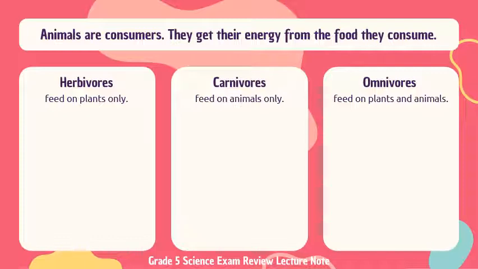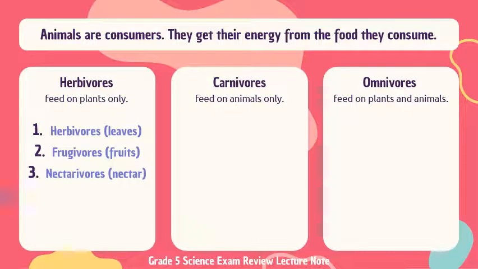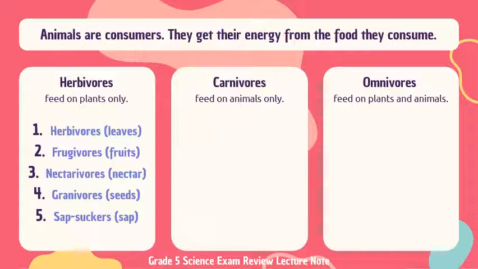Herbivorous animals are further classified into 5 classes. Herbivores feed on leaves, frugivores feed on fruits, nectarivores on nectar, granivores consume seeds, sapsuckers suck the sweet juice made by plants called sap.